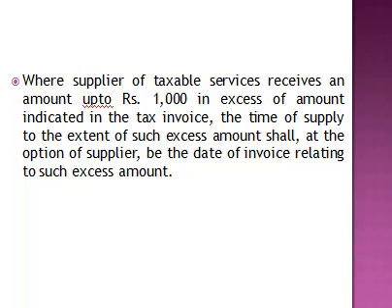This provision facilitates the supplier to defer payment of tax on small amounts typically received by him in excess of the invoice value. So in a case where an excess amount is received, you are not required to issue a separate tax invoice for that case.